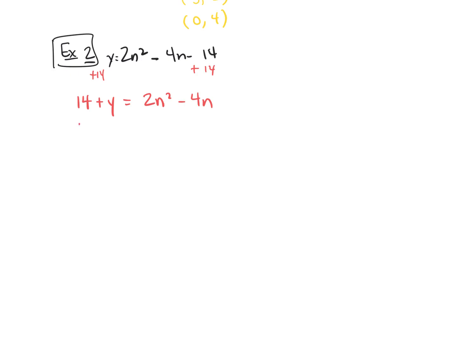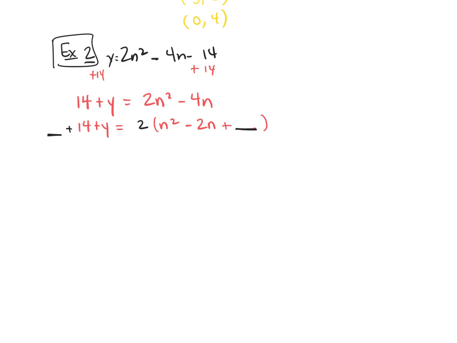So I'm going to leave this the same. I'm going to take out a 2, and I am left with n squared minus 2n, okay? But I know that I'm going to add something, and something has to go here. And if something goes there, something also has to go over here, okay?